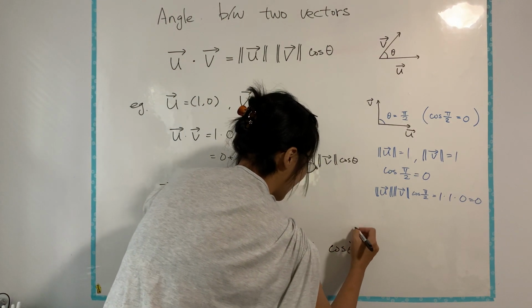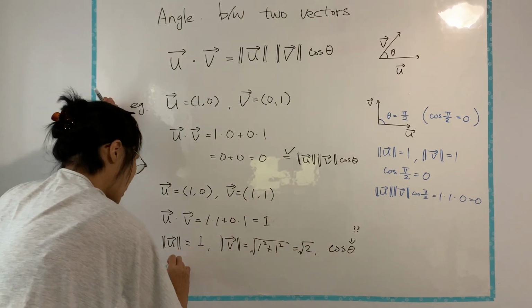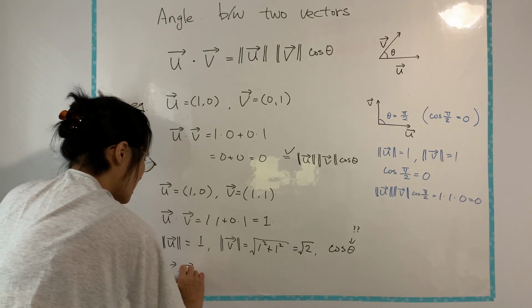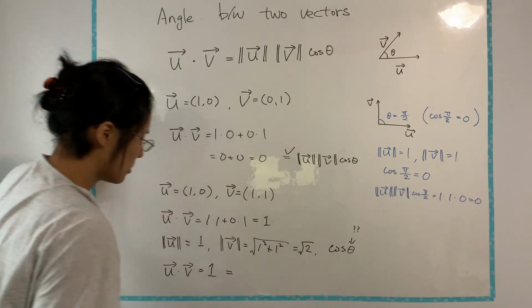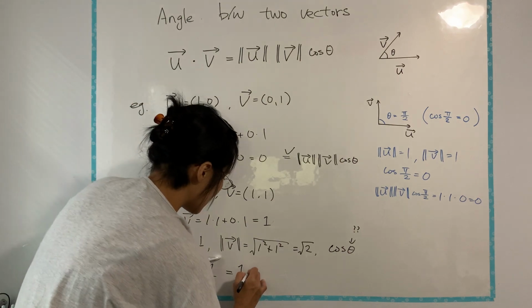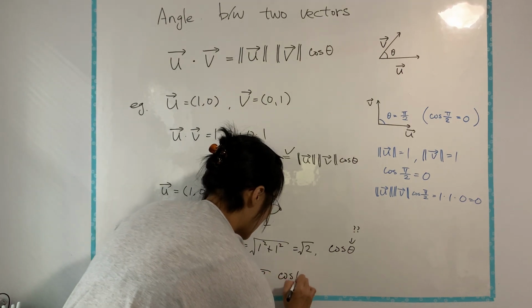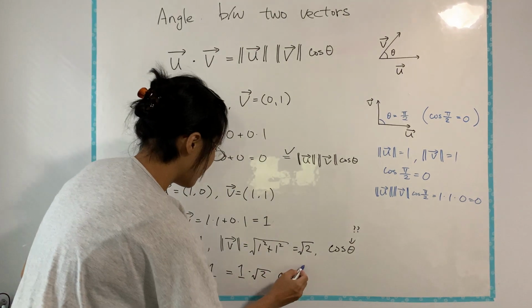Suppose we don't know how big cosine theta is. But according to the formula, we should have u dot v, which is equal to 1, equals length of u times length of v times cosine theta.